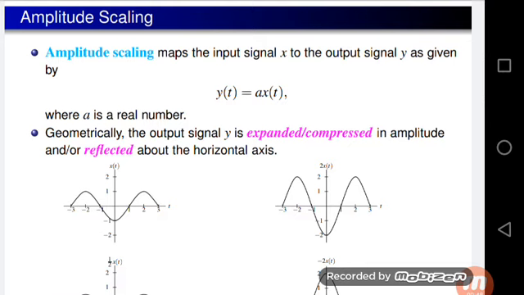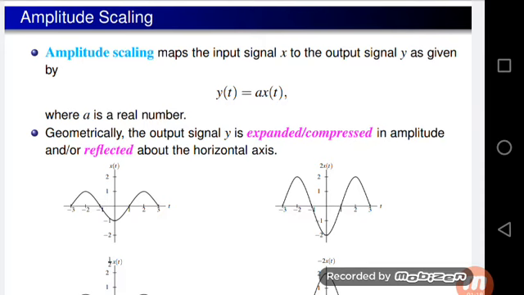So the function y of t, where t is time, can be represented as y of t equal to ax of t, where a is a real number.